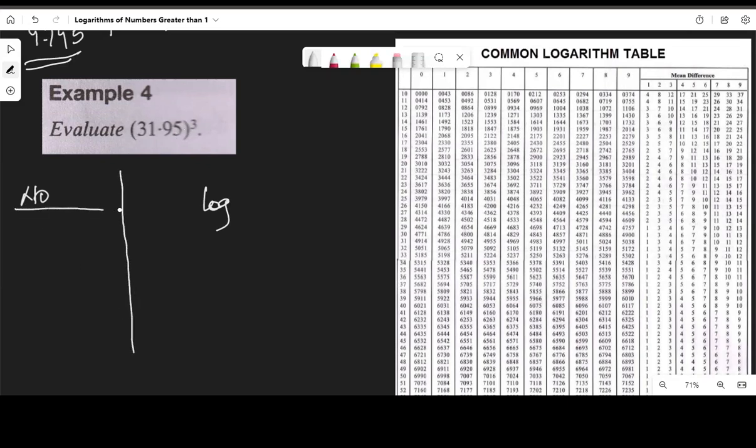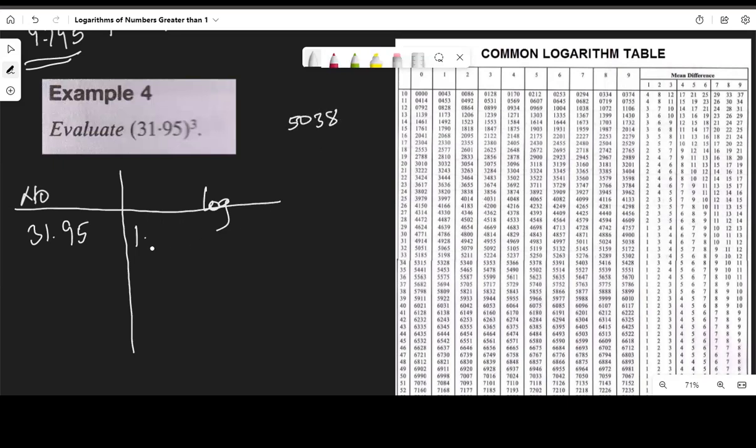For question 4, we have to evaluate 31.95 to the power of 3. So as usual, we arrange our work in a tabular form. 31.95. The characteristic here is 1. 2 digits before the decimal point. 2 minus 1 is 1. Now logarithm of 31 under 9, difference of 5. 31 under 9 is 5038.